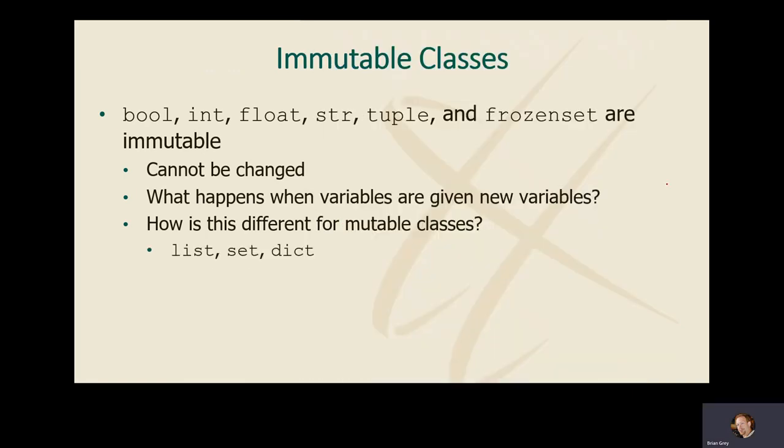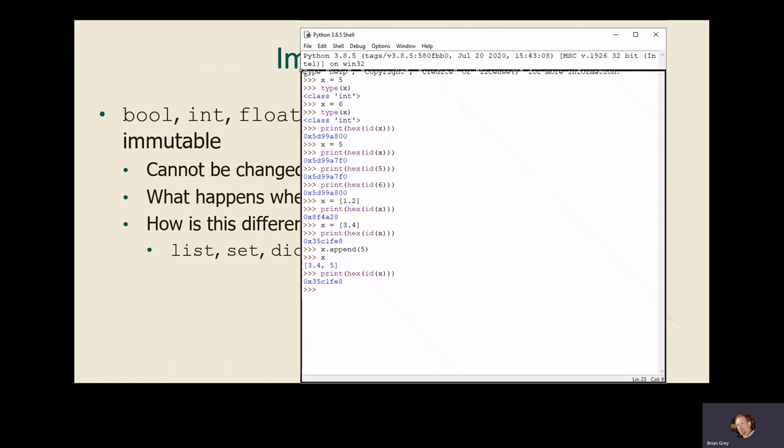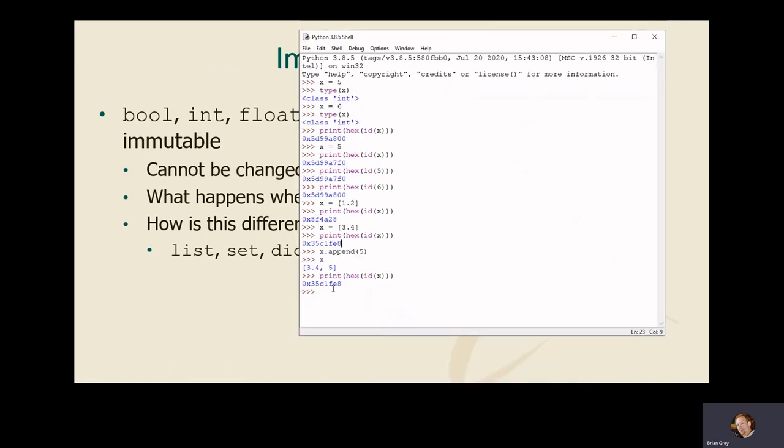But list, set, and dictionary are data structures that have mutator methods. And we can see now that x has changed. But now our memory address hasn't. Look at this. That's the same memory address. This is the difference in mutable classes versus immutable classes.